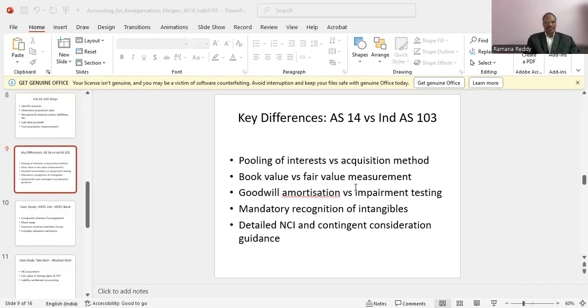And about contingent consideration, it is not detailed in AS 14 merger, limited in AS 14 purchase, and Ind AS 103 mandates fair value recognition and remeasurement. So this shift is towards transparency, but more complexity.